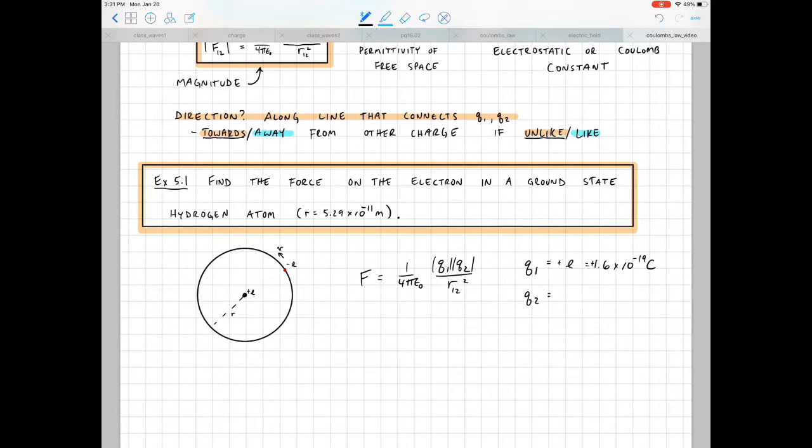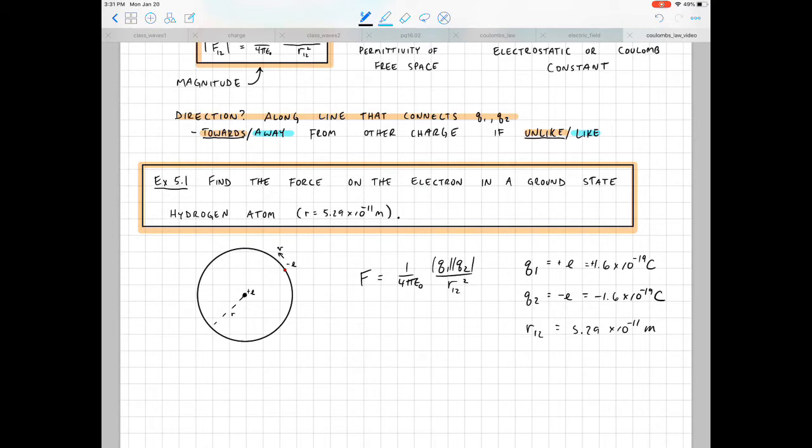And Q2 is minus E, minus 1.6 times 10 to the negative 19 coulombs. And we've been given that R12 is 5.29 times 10 to the negative 11 meters.